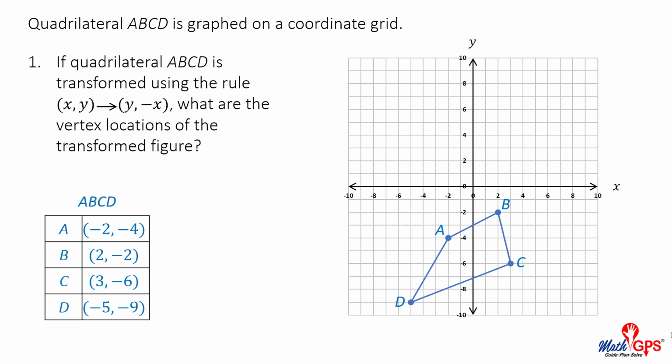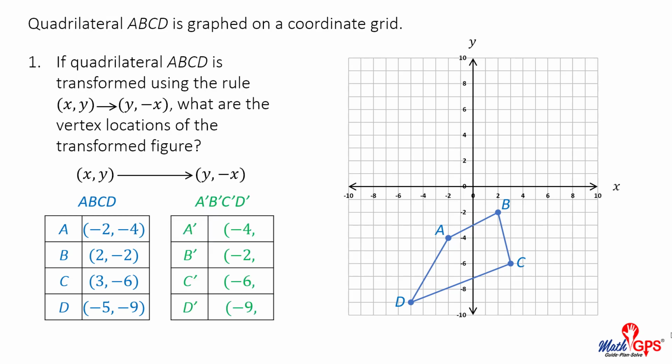The first step is to find the coordinates of the vertices in the original quadrilateral ABCD. A is located at -2, -4. B is located at 2, -2. C is located at 3, -6. And D is located at -5, -9.